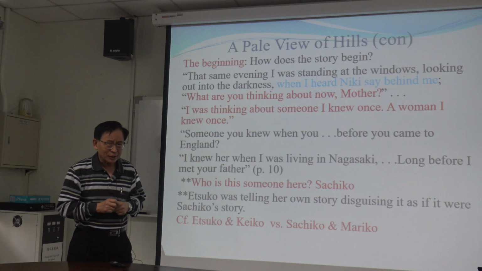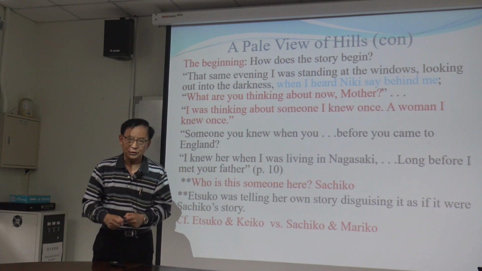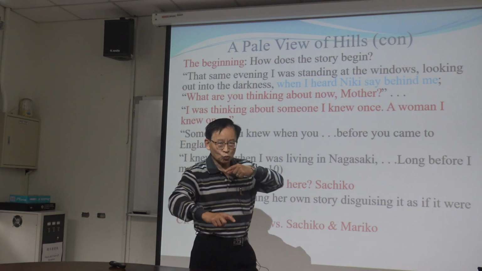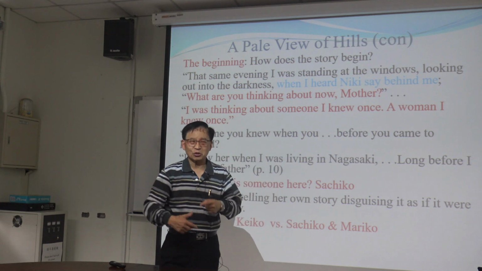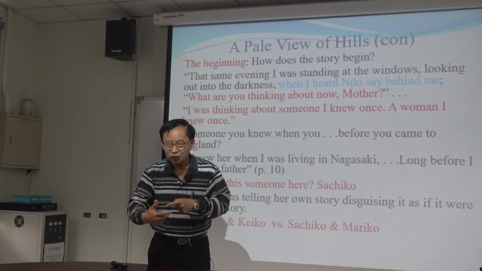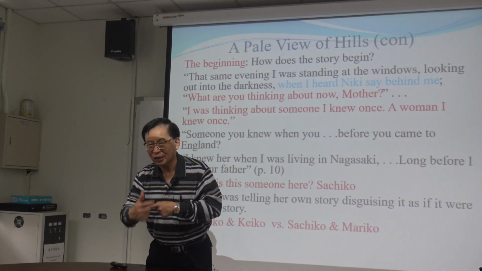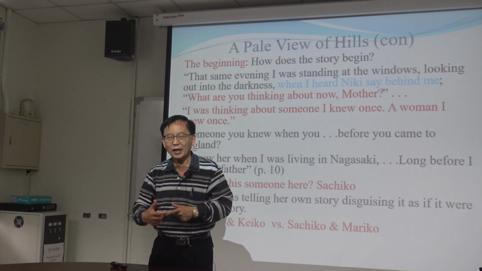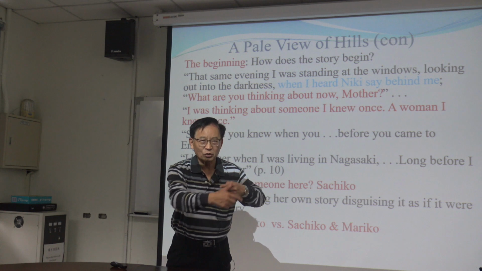So in this sense, we could argue A Pale View of Hills actually is a story within a story, because Ezuko is telling Sachiko's story. And from Sachiko's story, we could make a good guess. Actually, Sachiko's story is Ezuko's own story.